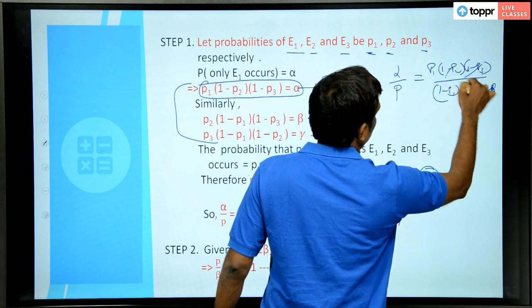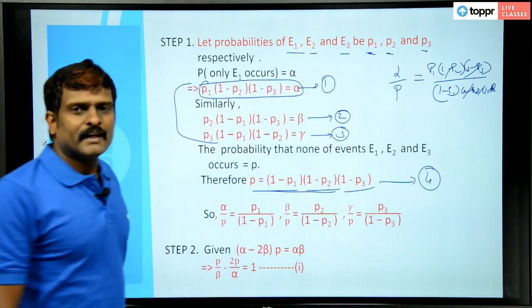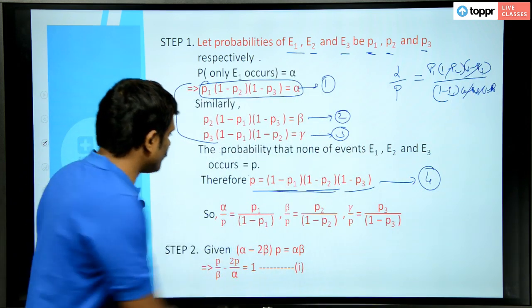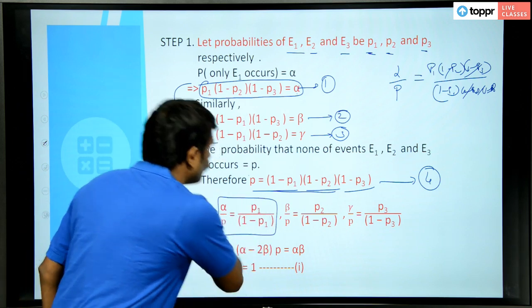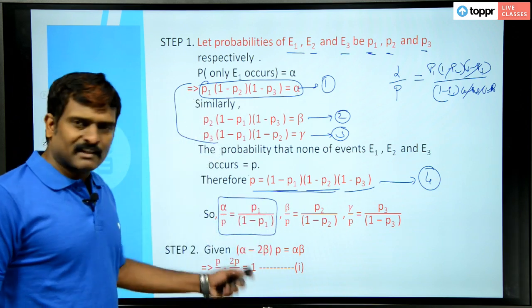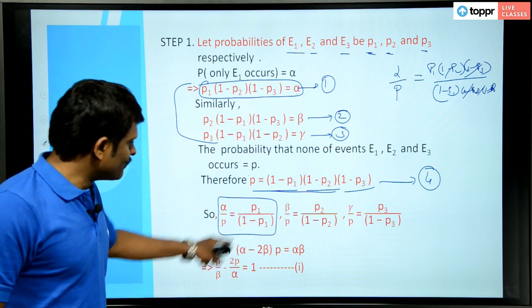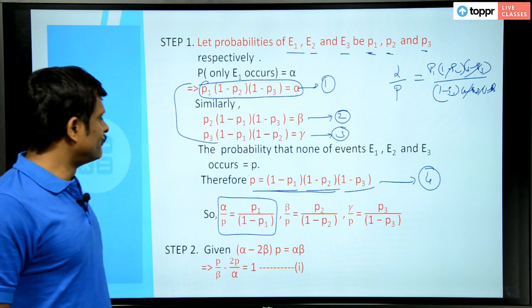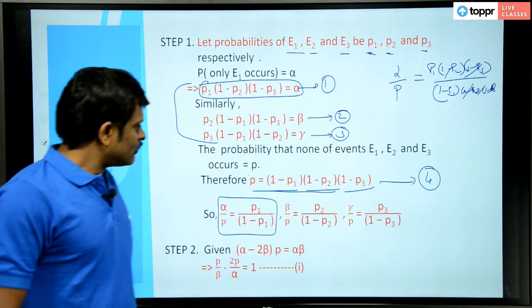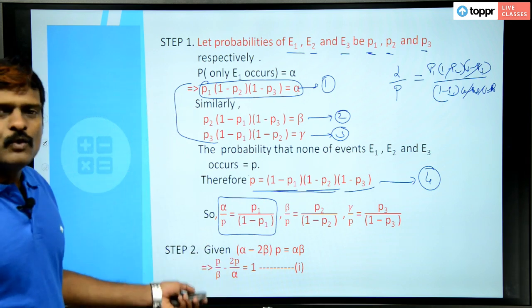So, P2 P3 and P2 P3 get cancelled. So, we get alpha by P is equal to P1 by 1 minus P1. Similarly, beta value and similarly gamma value can be related this way, like alpha by P, beta by P and gamma by P. Clear? Right.